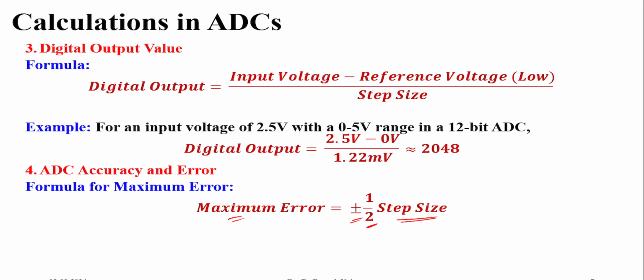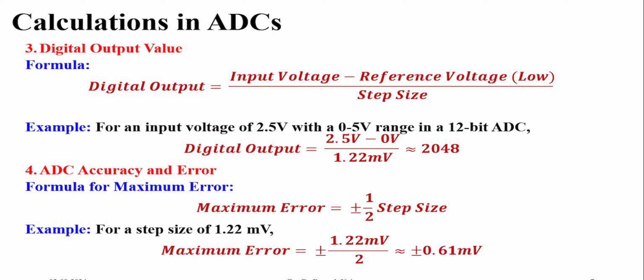Whatever the step size is, if we take half of that, then the maximum error can swing into either the positive half or the negative half of the step size. Let us take an example. If we have a step size of 1.22 millivolt, then the maximum error that the ADC can generate is plus or minus 0.61 millivolt.